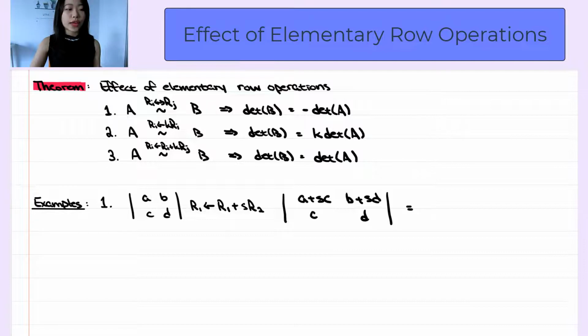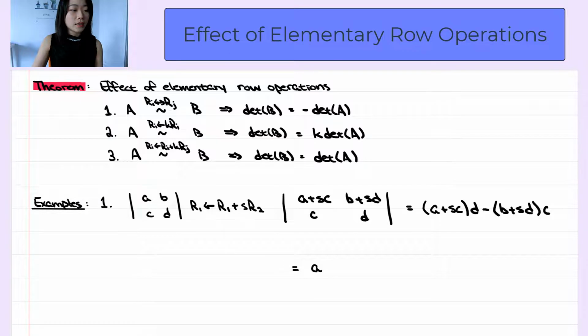Determinant of a 2x2 matrix is the product of the opposite entries minus the product of the other opposite entries. So, A plus S times C, times D, minus the other product, B plus S times D, times C. Let's expand this.